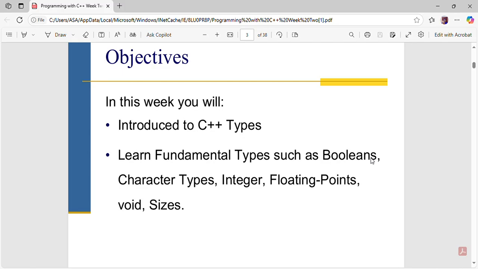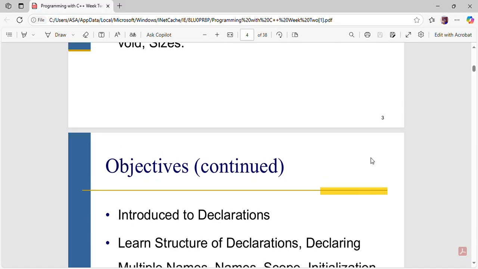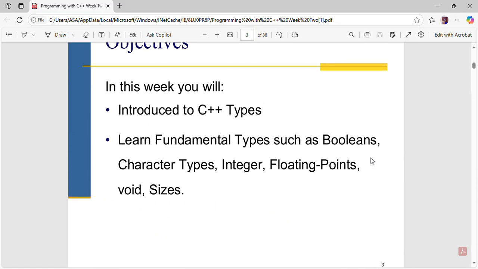Also, learn fundamental types such as booleans, character types, integer, floating point, the void, and then sizes. These are all the fundamental types in which the data used to compose C++ can exist.